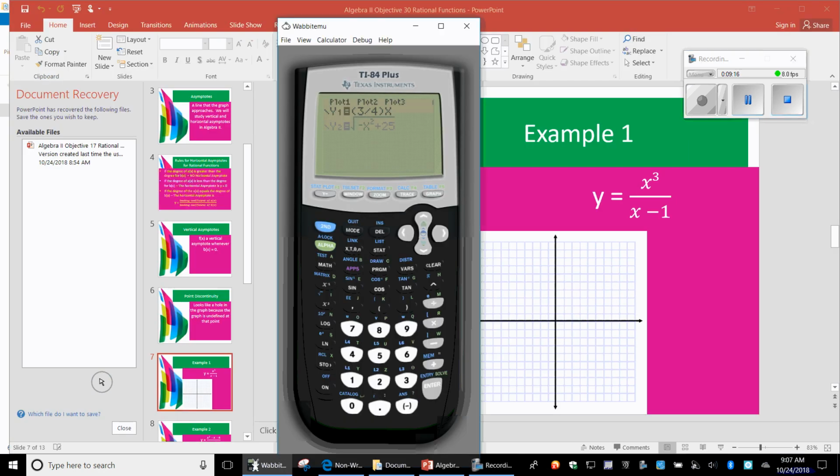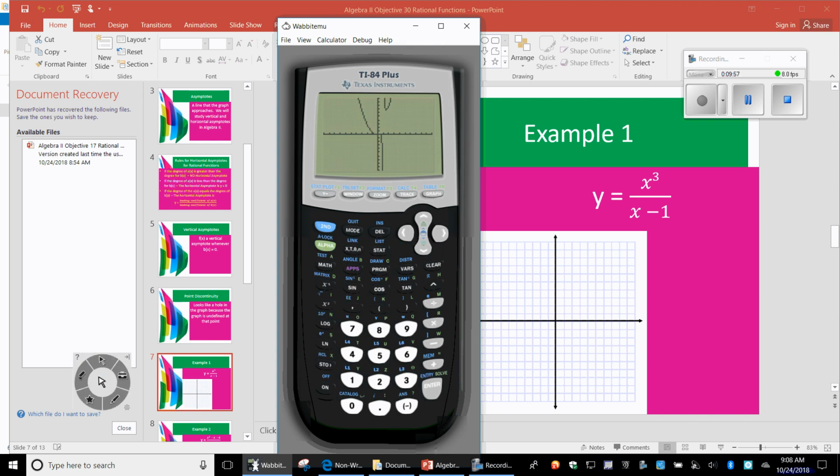Alright, so I'm going to go to y equals, I need to clear out everything, and I'm going to put parentheses around the numerator, so x raised to the third. Don't forget to arrow down, x raised to the third, divided by parentheses x minus 1, close parentheses. There we go. And I'm going to graph. Okay. Now, we have this.